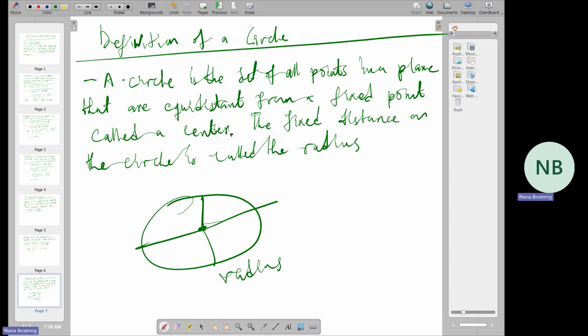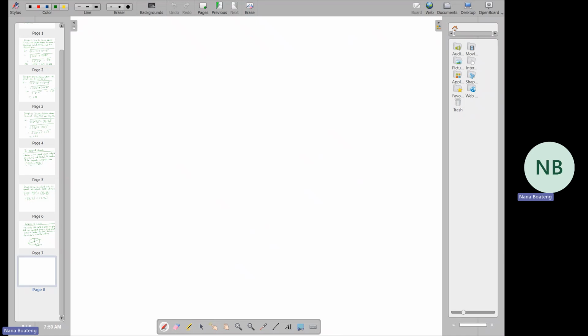All right, so there is a standard form of an equation of a circle. Let's go to that.